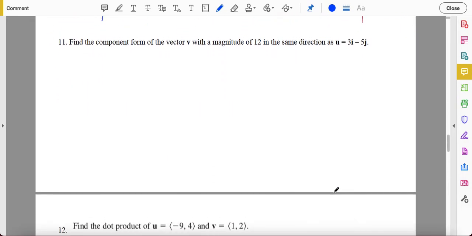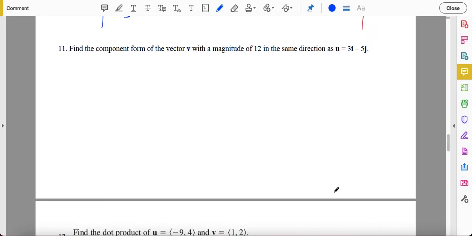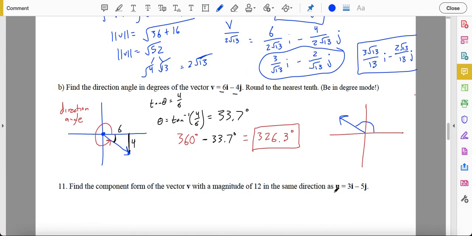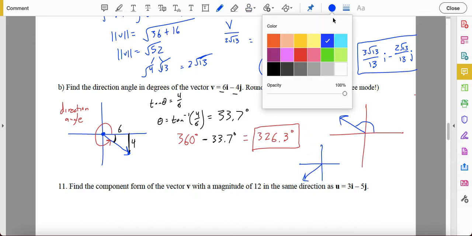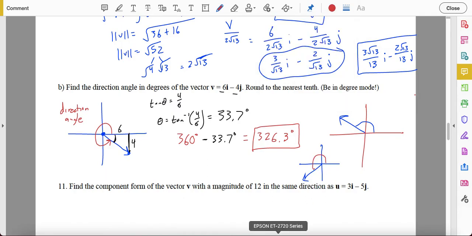Actually, I didn't quite address that enough. If we had a vector in the third quadrant, like here, then this would be our direction angle. Again, it all depends on which quadrant you're in, but it's measured from the positive x-axis and ends at our vector.